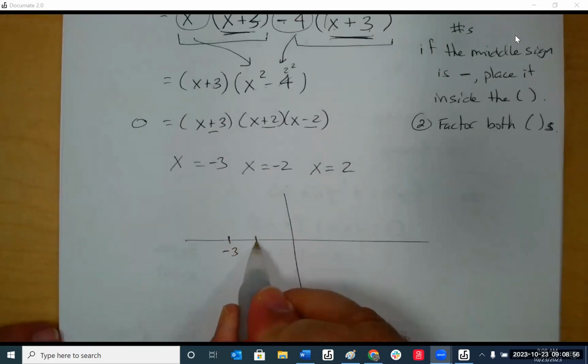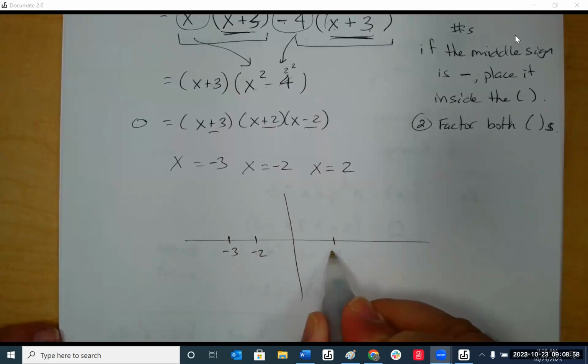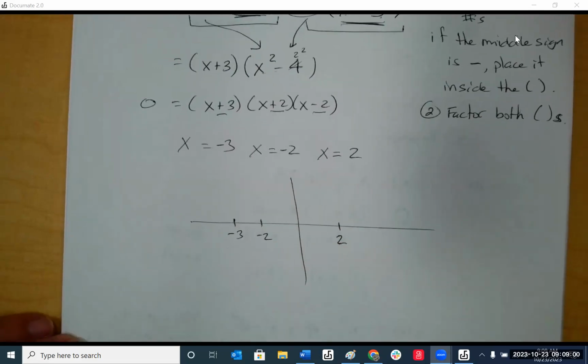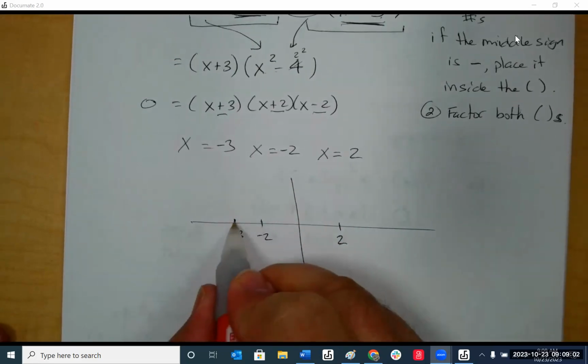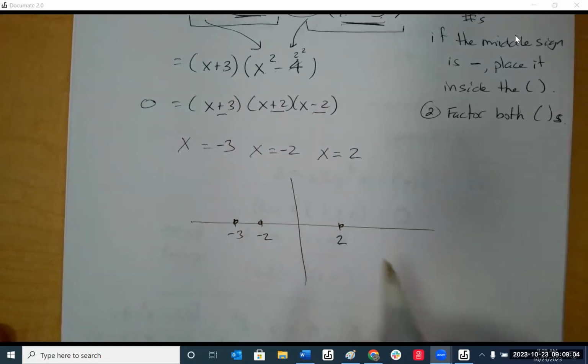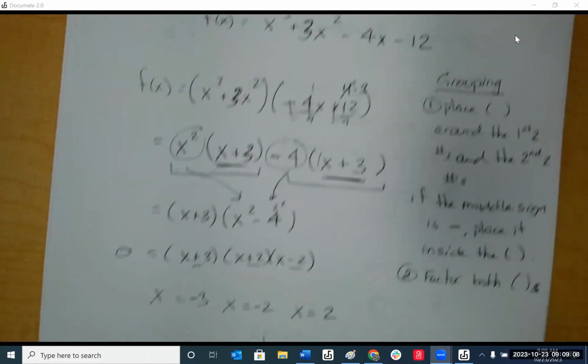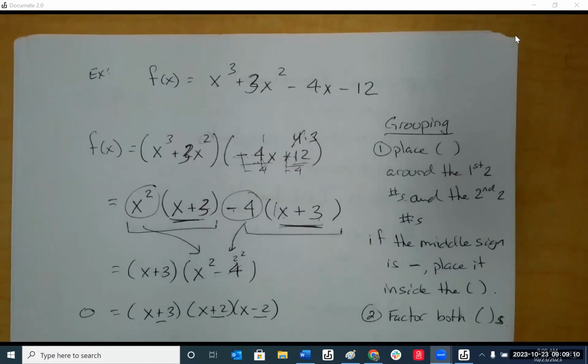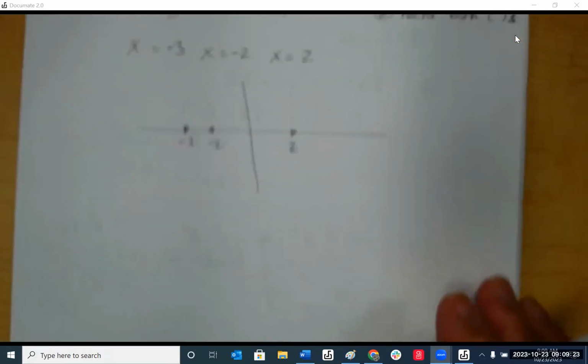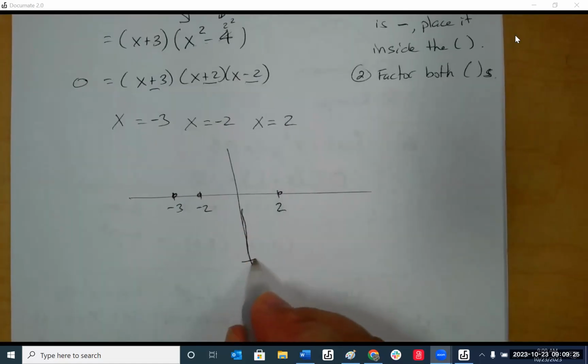So at -3, -2, and +2. We also know what's our y-intercept. What's our y-intercept? -12. So our y-intercept is going to be way down here somewhere.